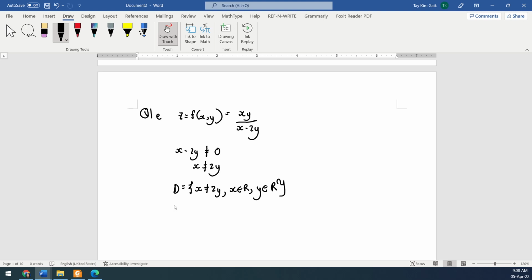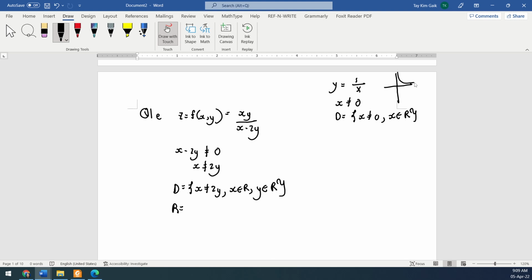Okay, the range here. For example, you have y equal to 1 over x. So x cannot be equal to 0. The domain for the function y equal to 1 over x is x cannot be equal to 0, where x is a member of real number. You look at the graph of y equal to 1 over x.